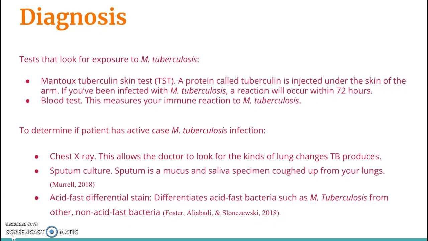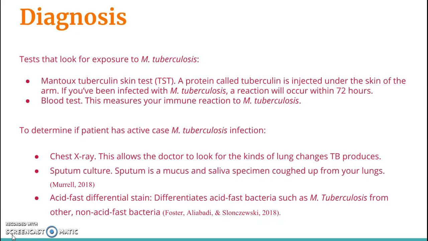Doctors diagnose TB through a number of ways. One is the Mantoux tuberculin skin test. This is when a protein is injected under the skin of the arm, and if you've been infected with TB, or actually if you've only been exposed to TB, a reaction will show.